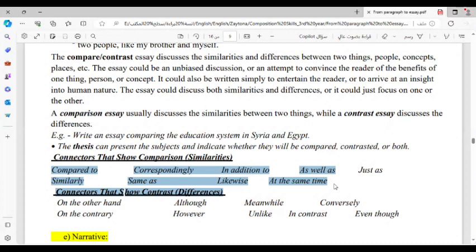Let's have another example of this word, for example, correspondingly. How can we use it in a sentence? Yes, anyone?